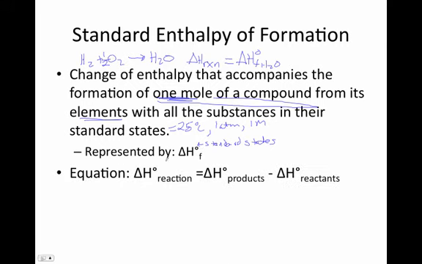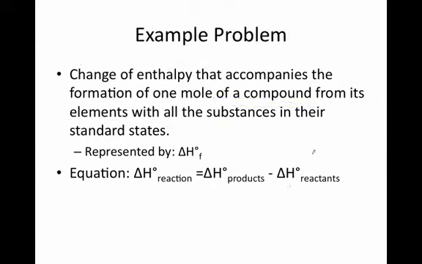To find the delta H of a reaction, you use the delta H naught of the products minus the delta H naught of the reactants. These values, you look up in Appendix 4 of your textbook. They're in the back of your textbook, in a giant table.